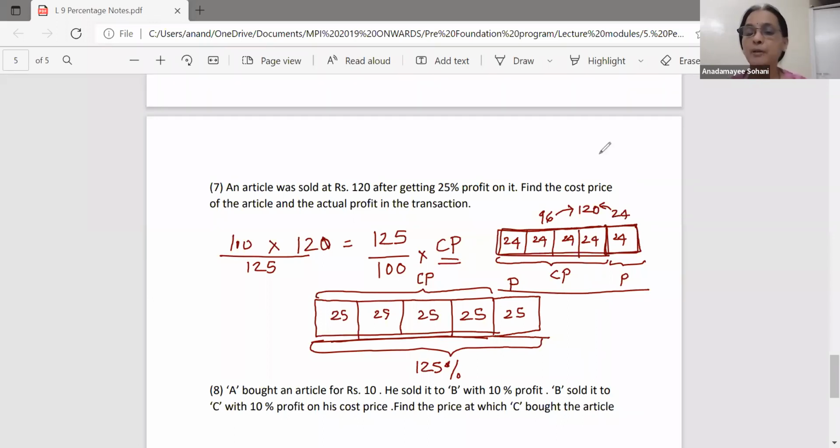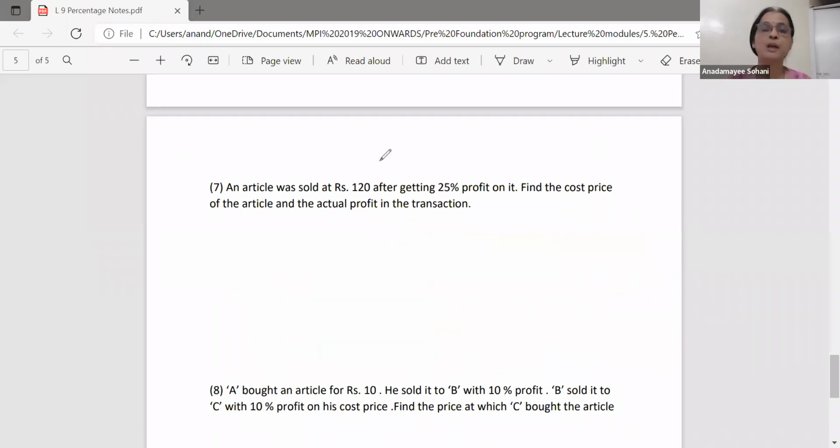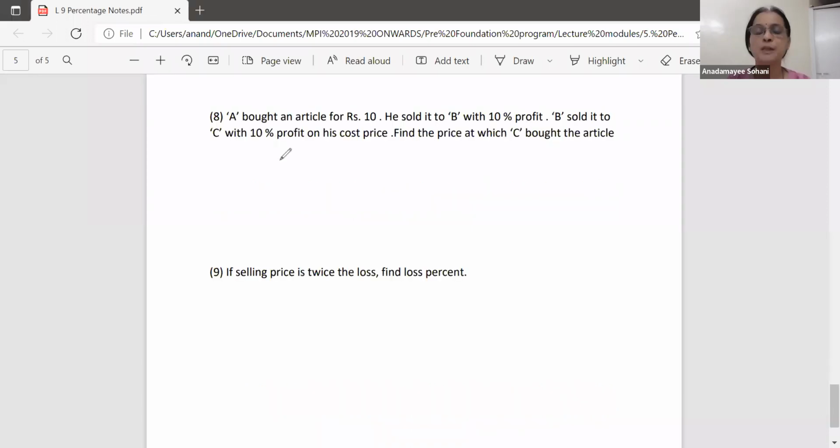Learn this method and you will tremendously enjoy. Of course, this method is very friendly for profit or loss percentages which are direct fractions of 100. Otherwise, it doesn't become that friendly. But for percentages like 5, 10, 20, 25, 50, 8, 12.5, this becomes a very handy method. All calculation is skipped.